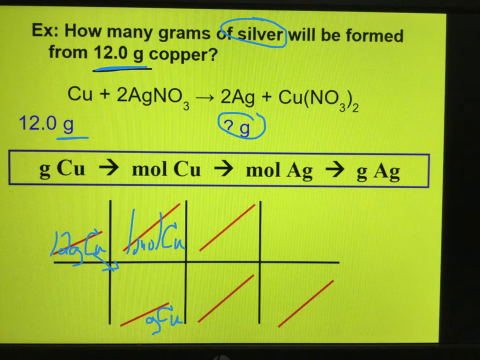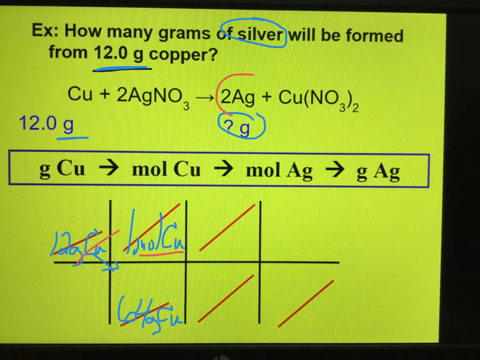That always gives you your molar mass. So if you look at your periodic table, your copper is 63.6. Let's go ahead and round that off to 64. Okay. Now that allows you to cancel off the grams. And now you have the moles of copper.